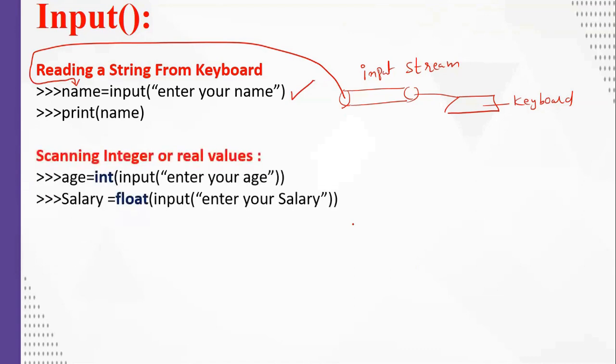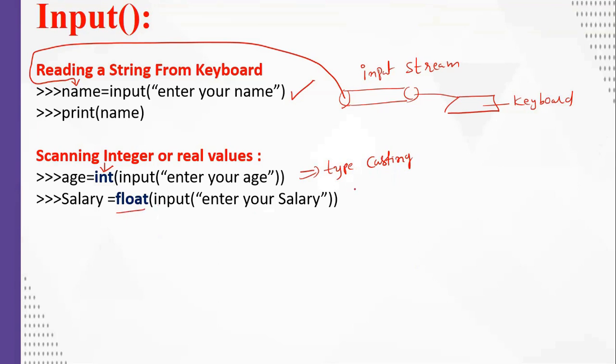But if you want to scan integer values or real values, the scanned data has to be converted into the required type of data. This concept we call typecasting. The concept of converting string data into an integer, we call typecasting. If you want real values to be scanned, you have to convert that into a float.